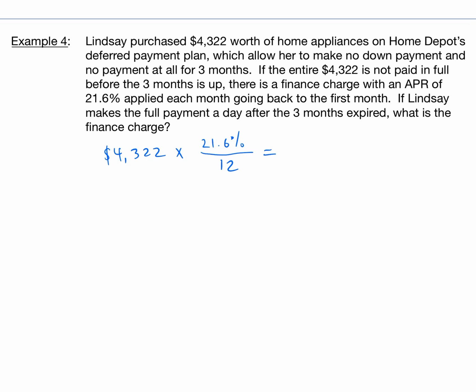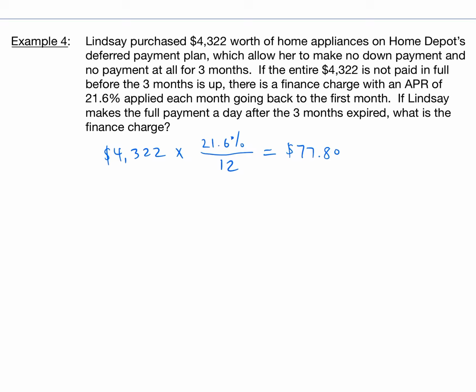If we go ahead and calculate that out, it works out to $77, and this rounds out to 80 cents, okay? That's month one. And then what happens is, remember I said that interest charges are accruing behind the scenes?